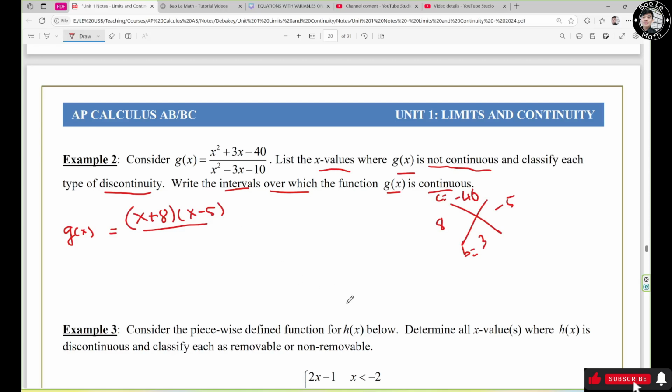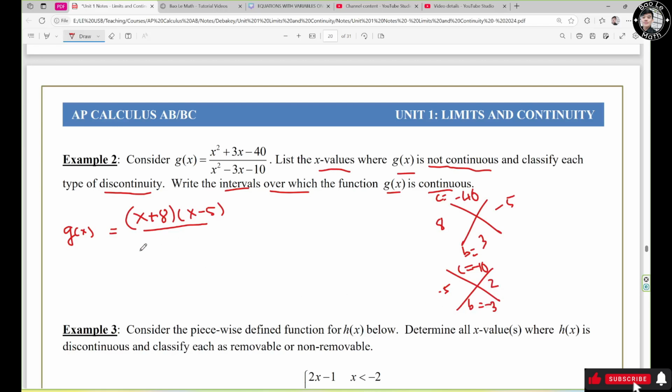Now the bottom, I'm going to use another ac method, right? I put c equal -10 and b equals -3. I need to find 2 integers that multiply to -10 and add up to -3, which is -5 and 2, right?